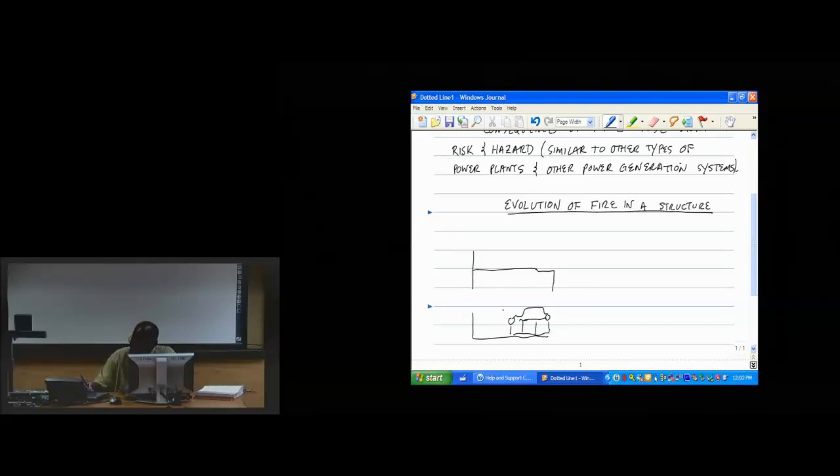So imagine an unintended ignition source, some smoking ignition source that is laid on this piece of upholstered furniture. Really, again, the starting point of any given fire is some sort of an ignition process.